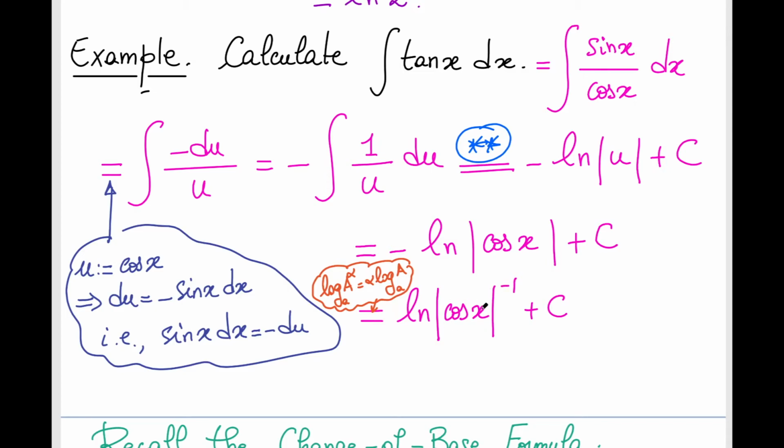It's the reciprocal of the thing. So that becomes ln of 1 over the absolute value of cosine of x, plus a constant. And 1 over the absolute value is the absolute value of 1 over that guy, right? So I get that.